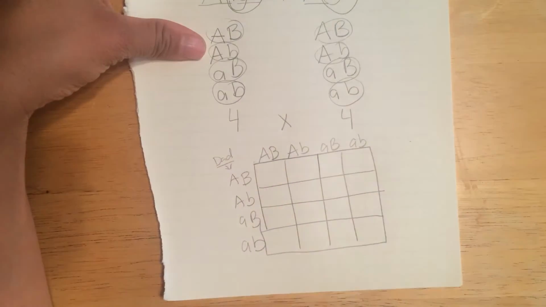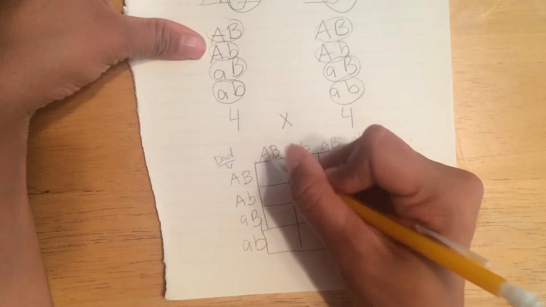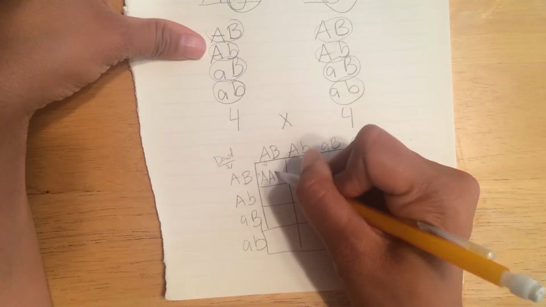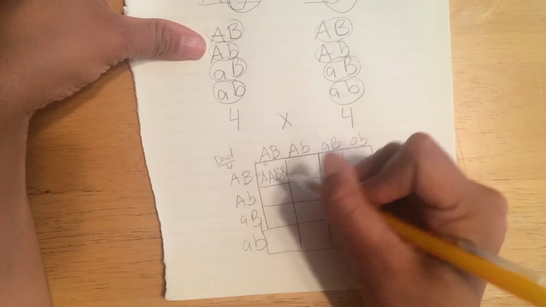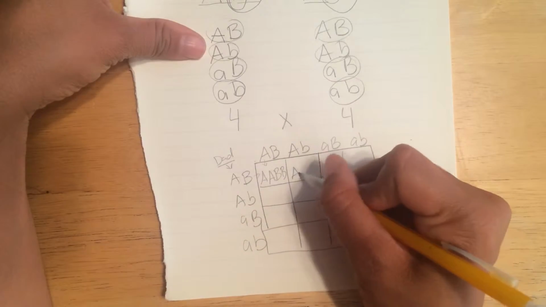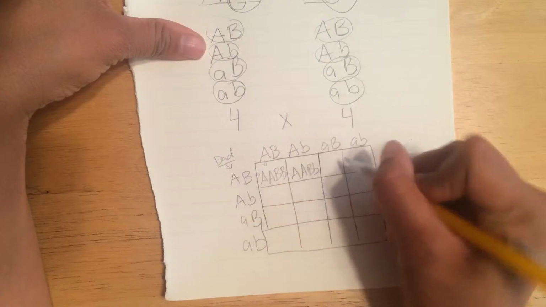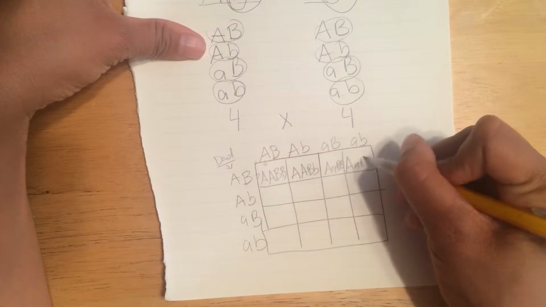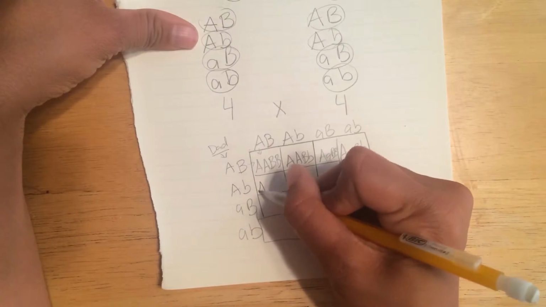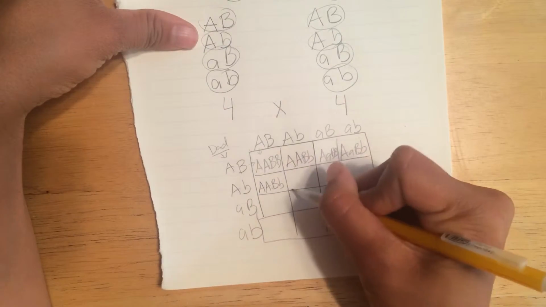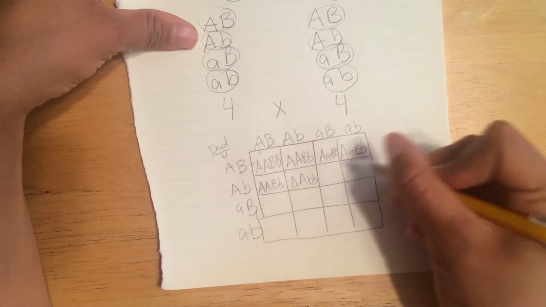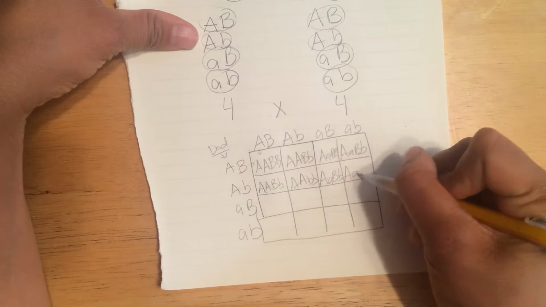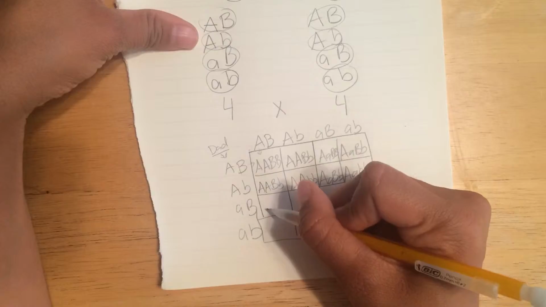And then you solve. So in this square right here, you have the big A, and you also have the big A, and then you have big B and big B. And so then you go ahead and fill out the Punnett square. I suggest that you do this on your own paper so you have practice writing this out.